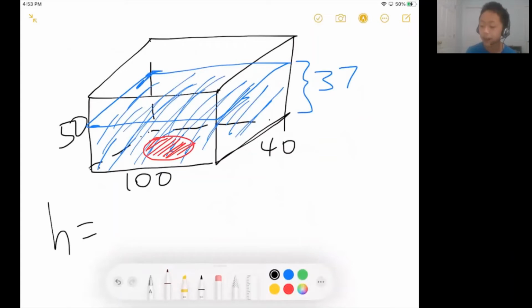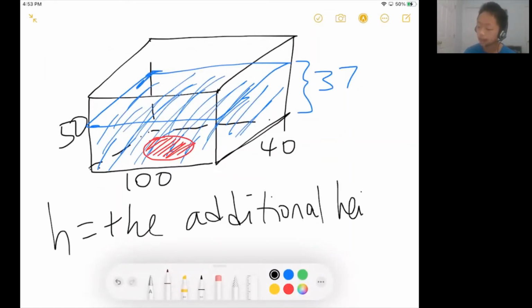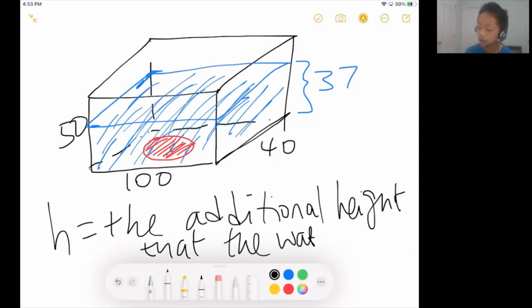Let h be the additional height that the water rises. Then we know that if a 1,000 cubic centimeter rock is dropped in there, the water level will have to rise such that the additional rise of the water contributes 1,000 cubic centimeters of volume.